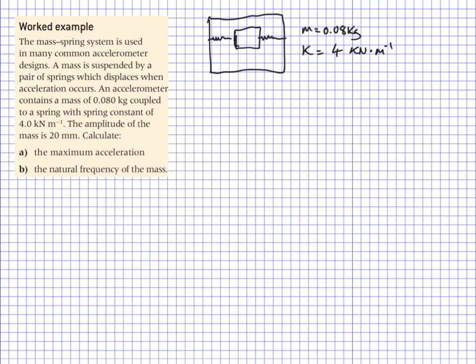Well, to get at that, let's think about this system and let's think about it as a graph. So we've done this before. Let's imagine that we have time on the x-axis and amplitudes on the y. So this would be the negative amplitude. If this mass is stretched, so let's just draw another little box here and move it to one side. So there's a spring there, and then a stretched out spring here.